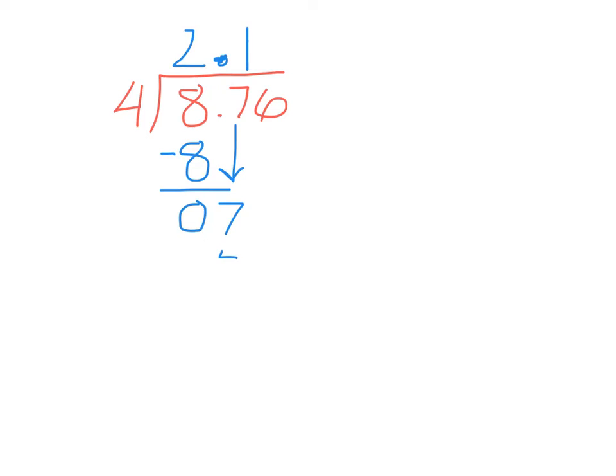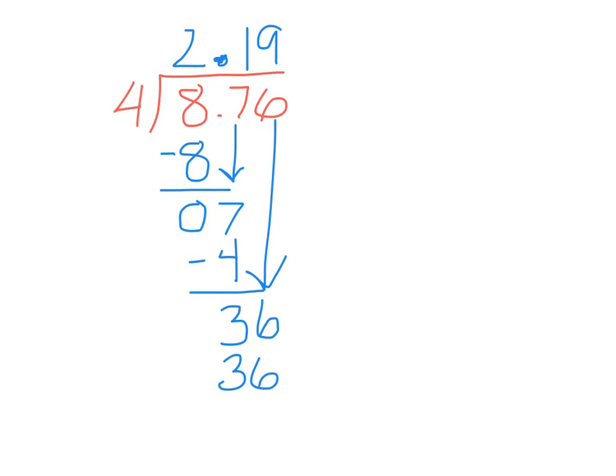Sorry, 4 times 1 is 4. Subtract. That's 3. I bring down, and it's 6. 4 goes into 36 9 times. 9 times 4 equals 36. And that's 0. There's no remainder, so the answer is 2.19.